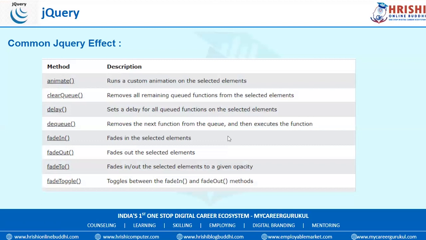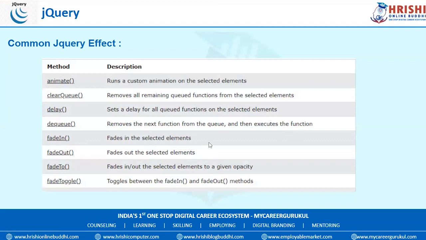It will create a delay of seconds or minutes according to the value we specify. Then comes dequeue. It removes the next function from the queue and then executes the function. That means it will only remove the one next function from the queue, and all the other functions will be executed as they are. Then comes fade in.